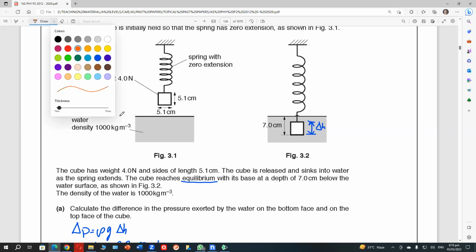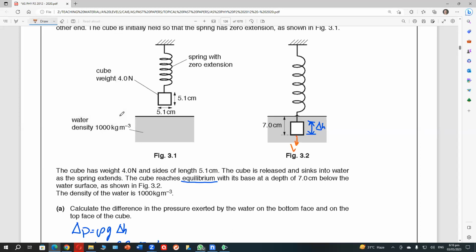So the answer will be the weight. There should be a tension and there should be an upthrust. We have found the upthrust, the 1.3. We'll minus it from the weight. Yes, we know the upthrust. Now, this is the situation. In equilibrium means resultant force is 0.